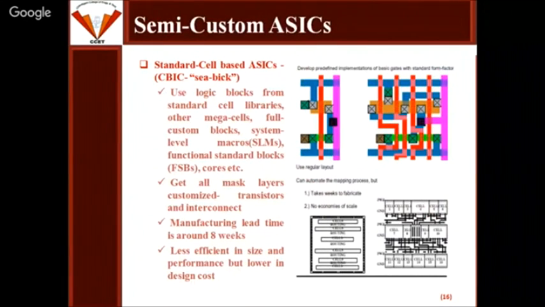Another is semi-custom ASIC. Semi-custom starts with the prerequisite. It means you already have the library components, and you only have to make effort in the interconnection. What is the best interconnection you can make? Suppose there is a big, complex circuit, and you may have worked on OrCAD or some other tools.